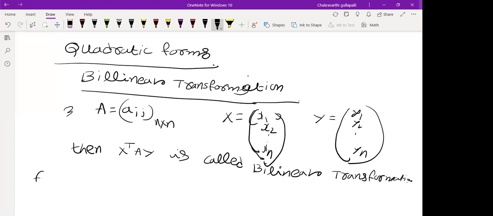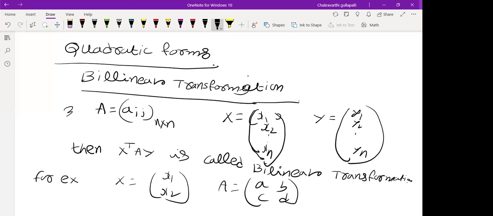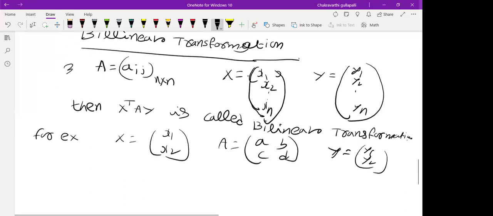So, for example, if I take my x as x1, x2, A is equal to, let us say, ABCD, y is y1, y2. Then what is the bilinear transformation corresponding to this?